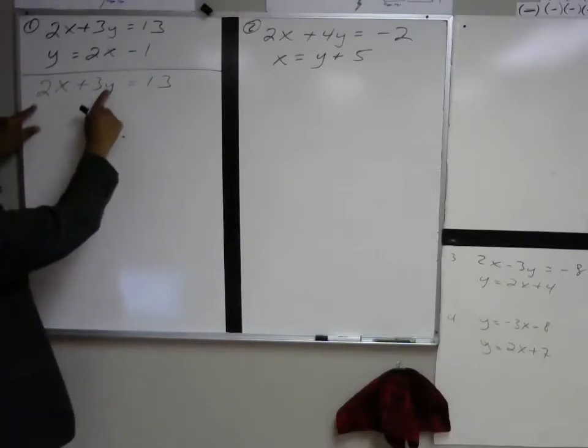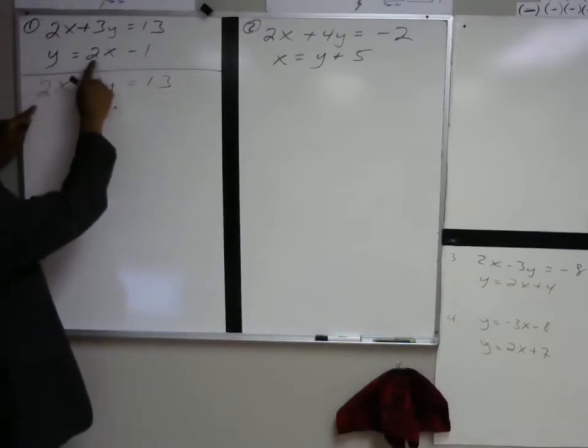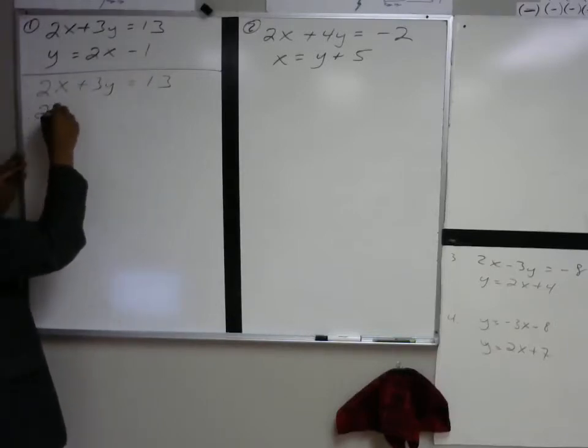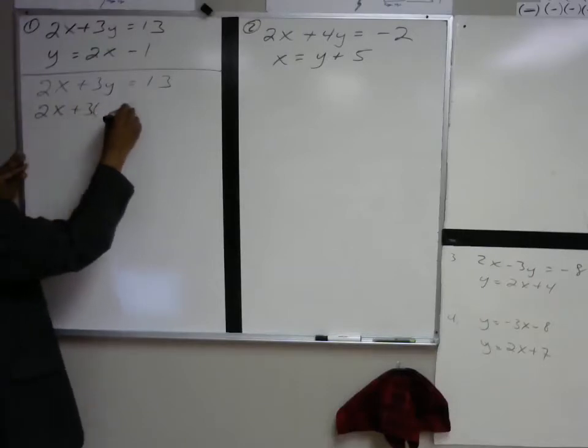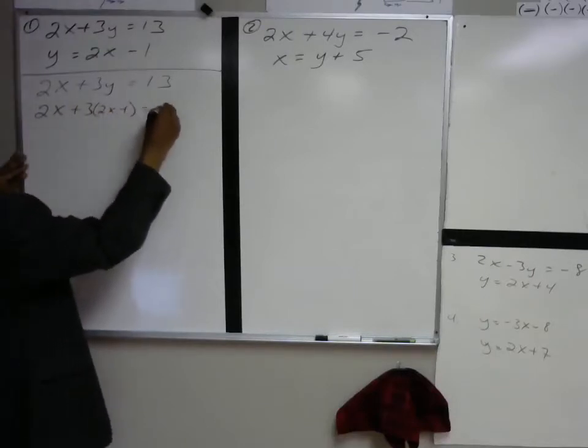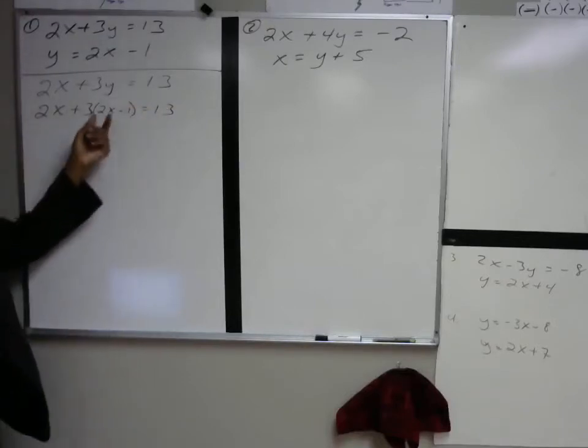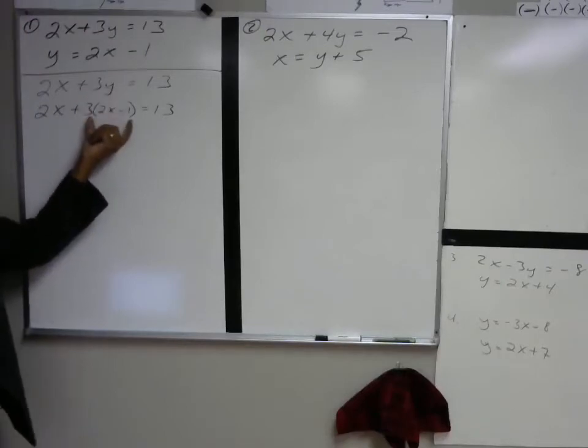We're going to make a substitution of this y for 2x minus 1. So this is going to become 2x plus 3 parentheses 2x minus 1 equals 13. So there's your substitution. The y became the 2x minus 1.